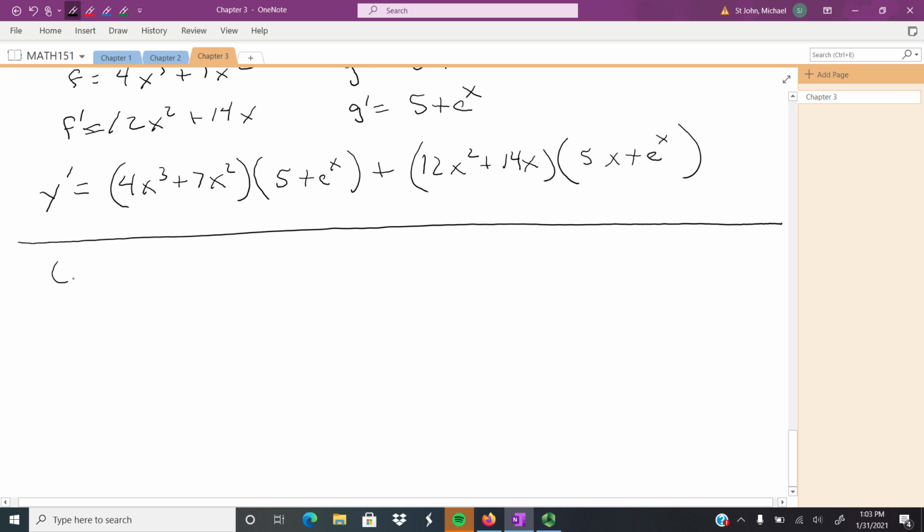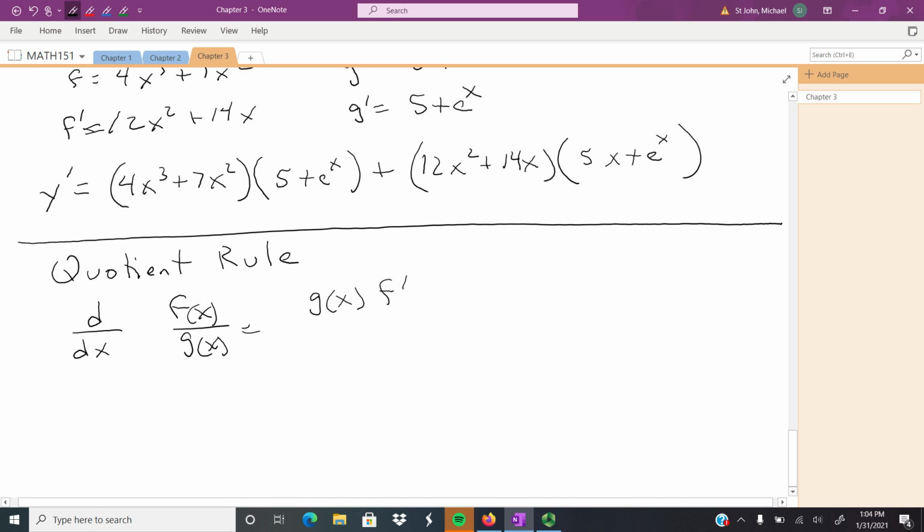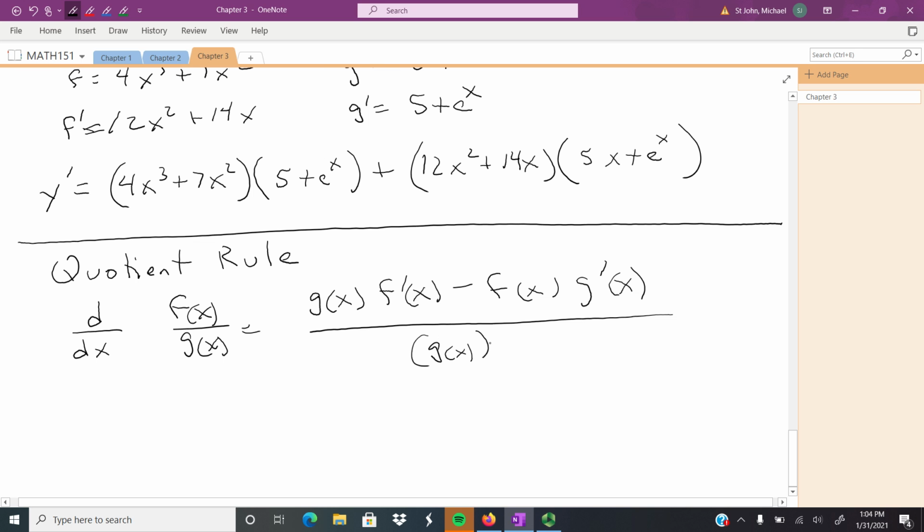And so then the next one is the quotient rule. And so the quotient rule of f of x over g of x is going to be g of x times the derivative of f minus f times the derivative of g, all over g of x squared.